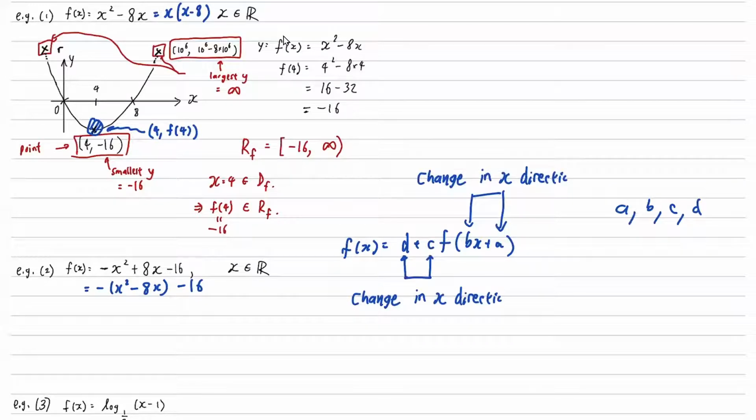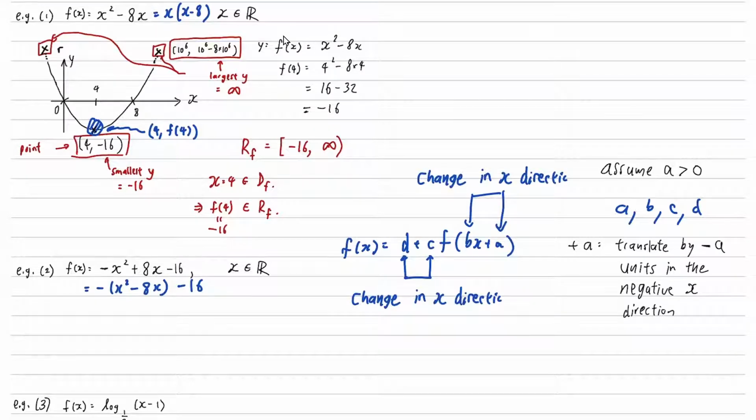Specifically, when you have a plus a, it means that you are translating by minus a units in the, I don't know, it depends. Let's assume a is more than 0. So you are translating by minus a units in the negative x direction.